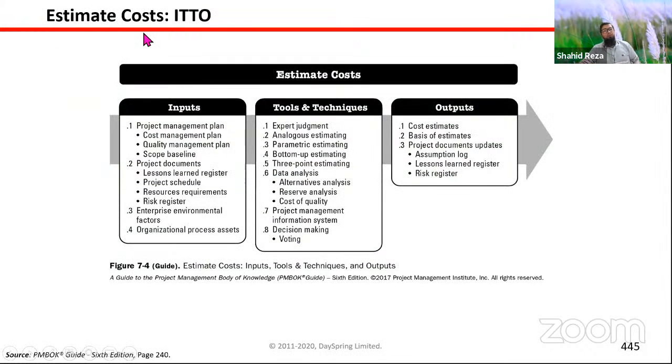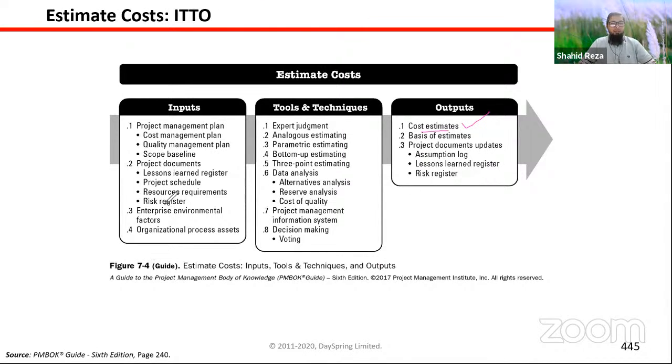All right. So now let us see the ITTO for estimate cost. Here our output is the cost estimate. That means the cost for each and every activity. That is known as cost estimates.